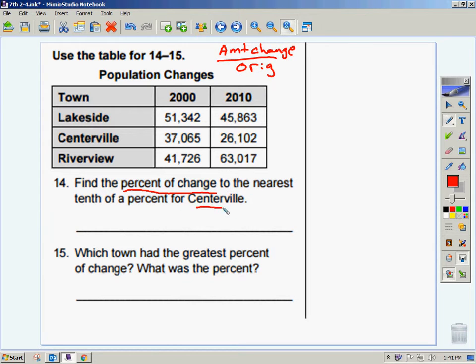And they want me to find it for Centerville and round to the nearest tenth of a percent. Okay? Well, here's Centerville. The amount of change would be 37,065 minus 26,102. And I'm going to divide that by my original amount, 37,065.